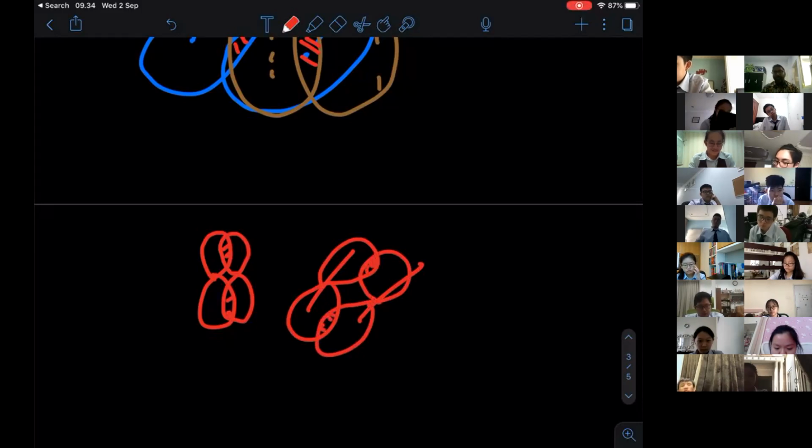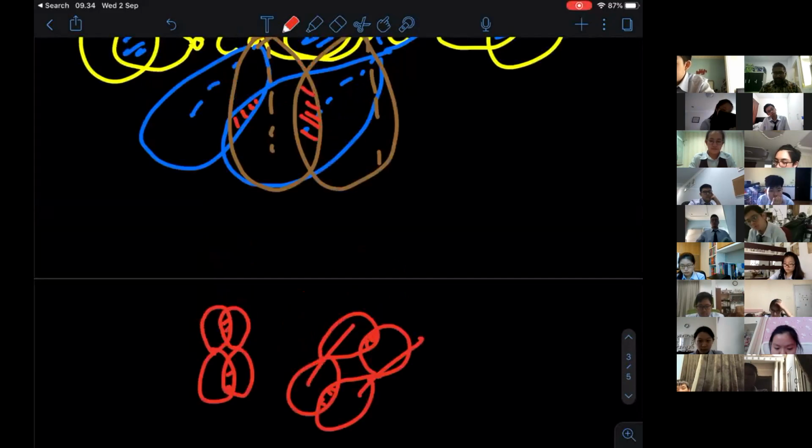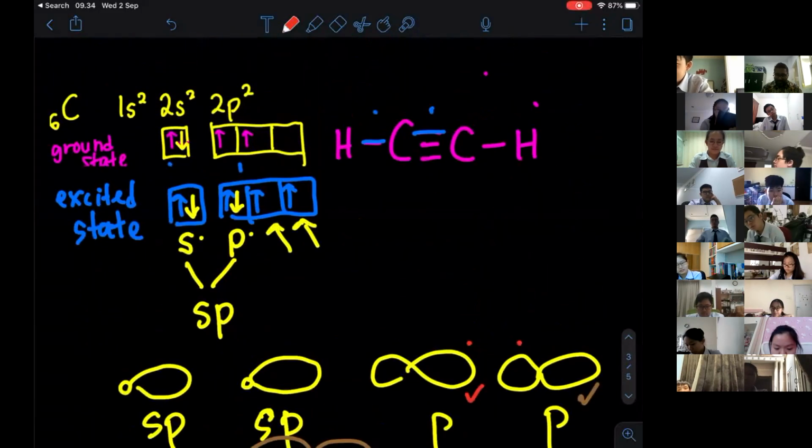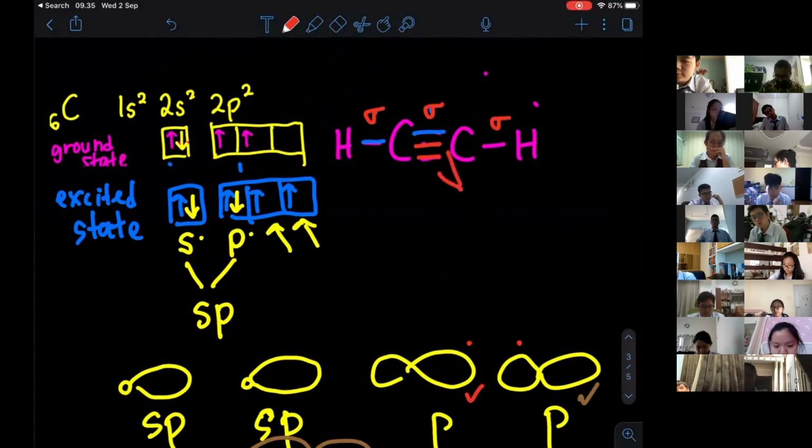So there are 2 pi bonds, which is why you have the additional 2 lines over there. If I want to find out how many sigma bonds and how many pi bonds: 1 sigma, another 1 sigma, another 1 sigma, and these 2 become 2 pi bonds.